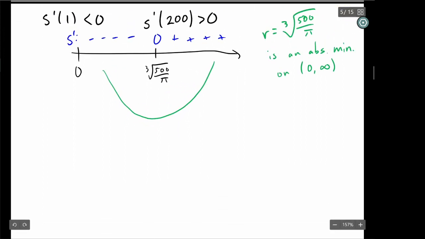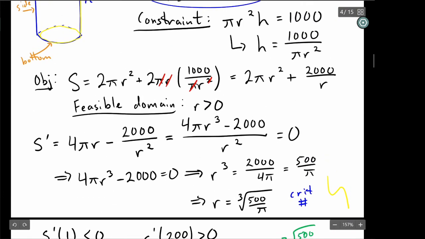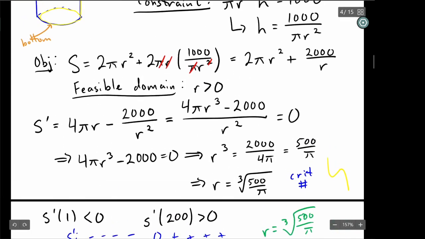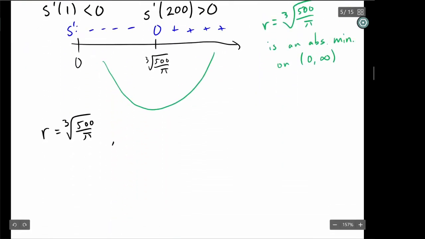So let's write down our radius. Then our height is 1,000 over pi r squared, which is 1,000 over pi times the cube root of 500 over pi, squared.